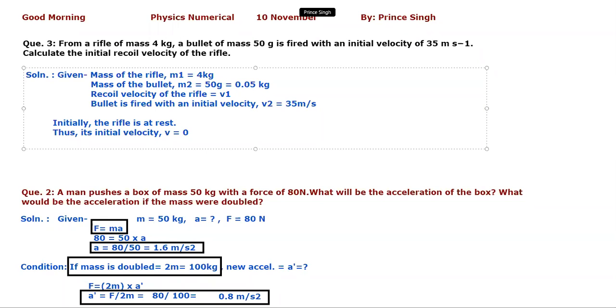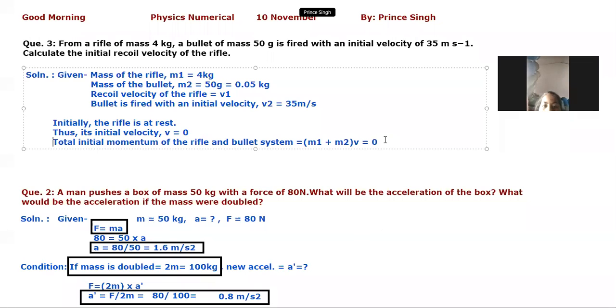So what will be the initial momentum of the whole system? The total initial momentum of rifle and bullet will be m1 plus m2 into v, because the bullet is inside the rifle and the rifle's initial velocity is 0.